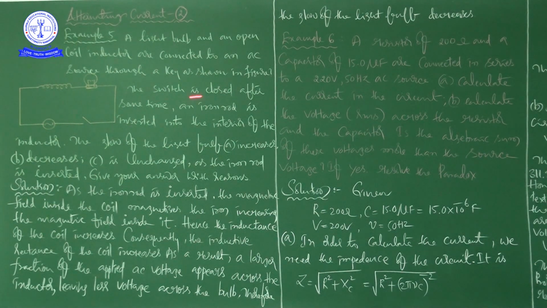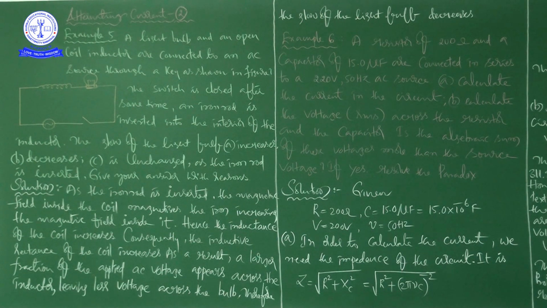After some time, an iron rod is inserted into the interior of the inductor. Then what happens to the glowing of the light bulb? Whether it increases, decreases, or remains unchanged as the iron rod is inserted. Give your answer with reasons. For everything you have to give reasons.